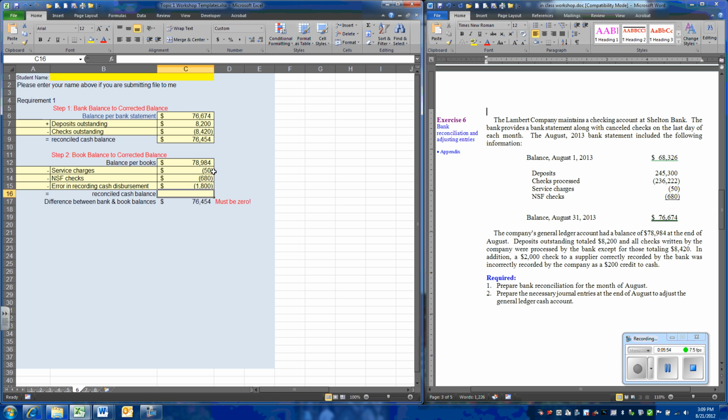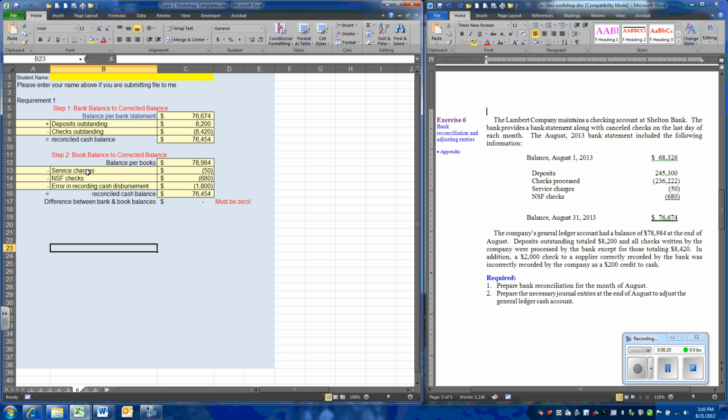Now when we sum up our column, it should equal the amount in the bank balance. It does, and we have now reconciled. Remember that any adjustments that are made on the book balance portion of the reconciliation will require a journal entry.